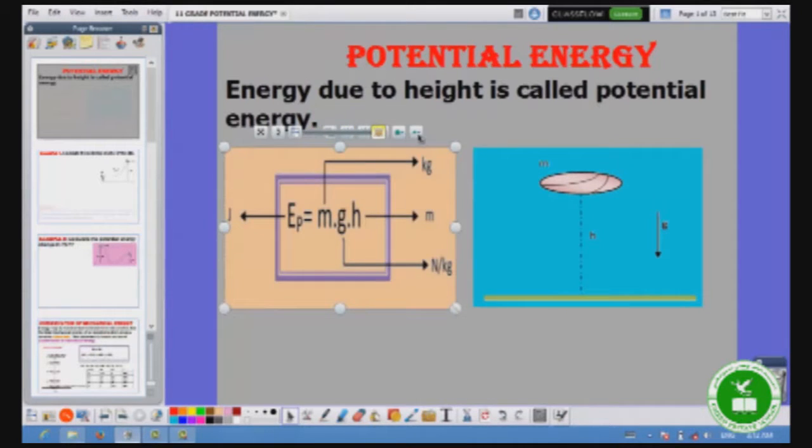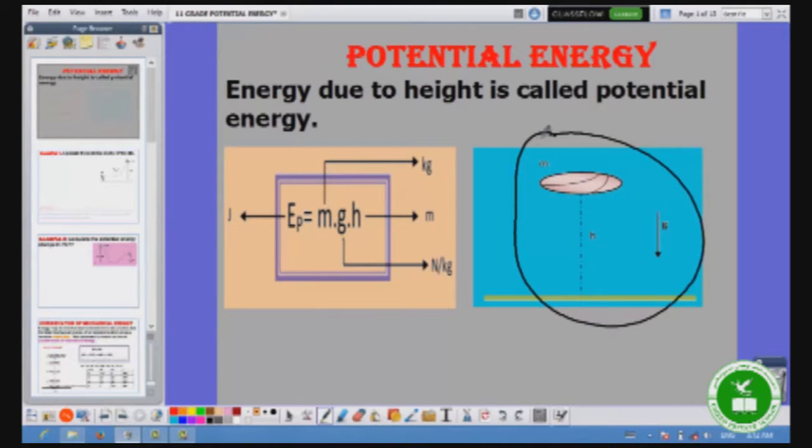Okay, let me show you the formula also. This is the formula, and this diagram shows the potential energy. You see, this object with mass m is located at some height from ground level.